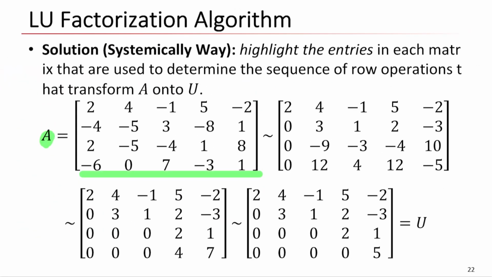Then we will row reduce this matrix A to the echelon form of the matrix A, denoted by matrix U. The first way is to highlight the entry in each matrix that is used to determine the sequence of row operations that transform A into U. So what does it mean? Let's highlight the entries used to determine the sequence of row operations.